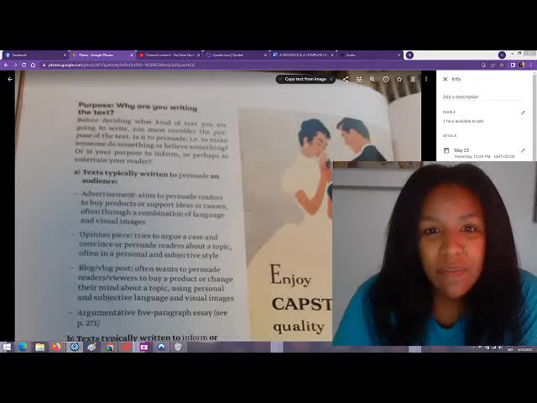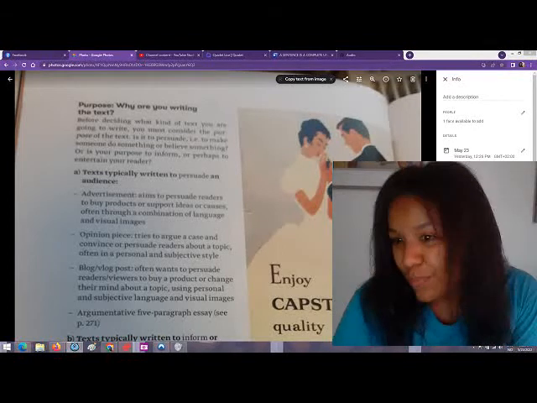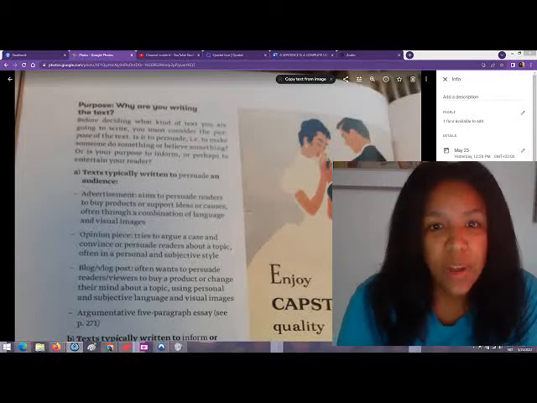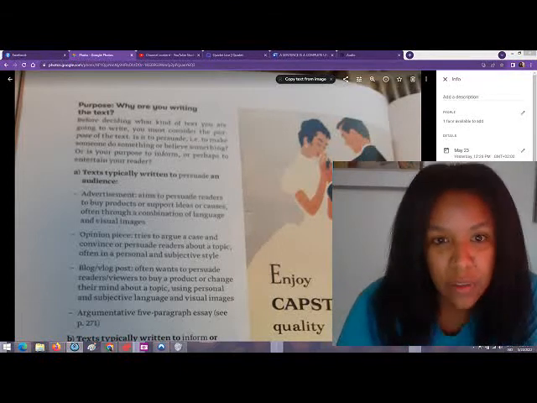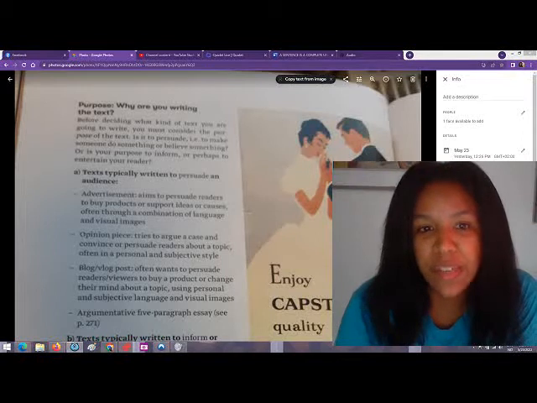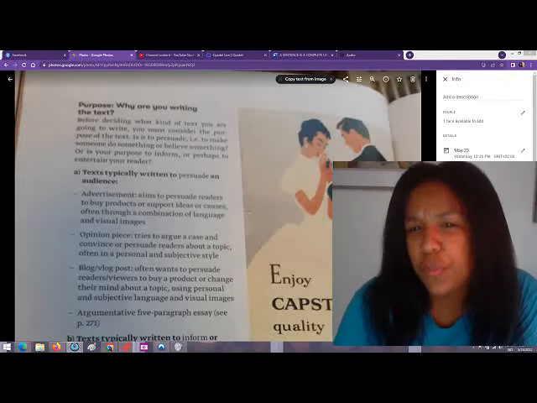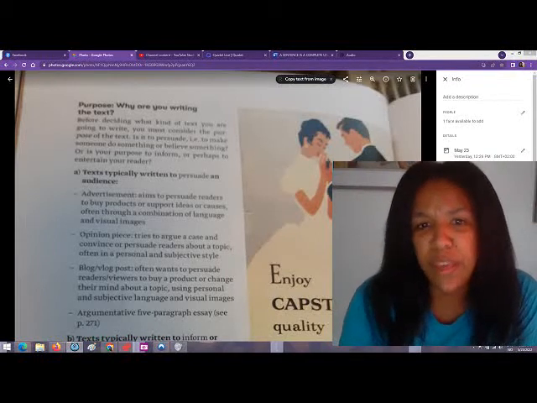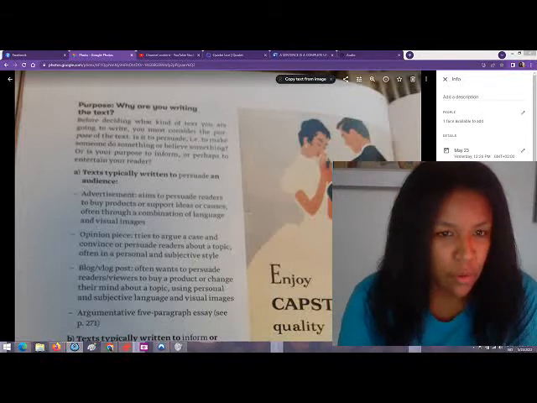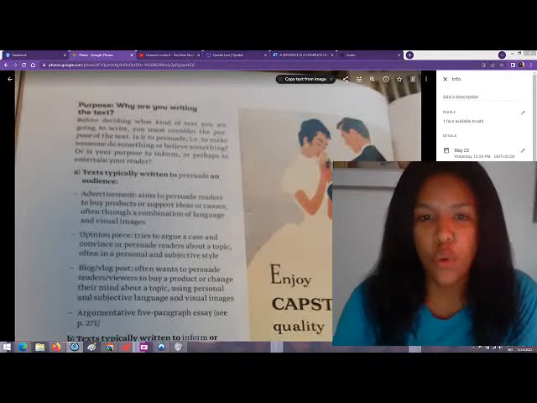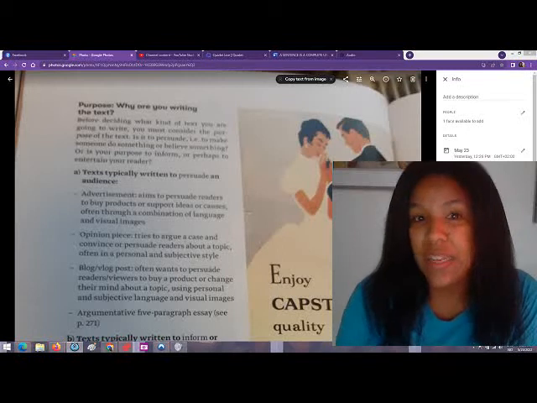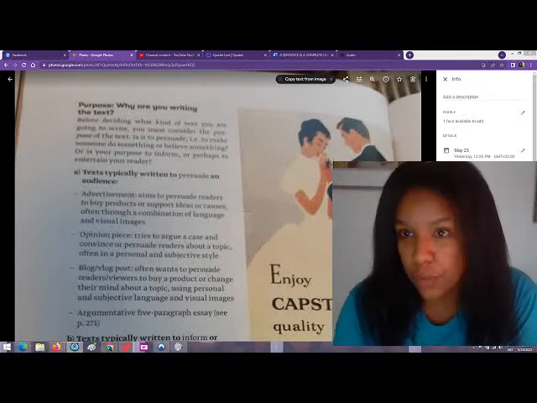Why are you writing the text? Before deciding what kind of text you are going to write, you must consider the purpose of the text. Is it to persuade, to make someone do something or believe something? Or is your purpose to inform or perhaps to entertain your reader?